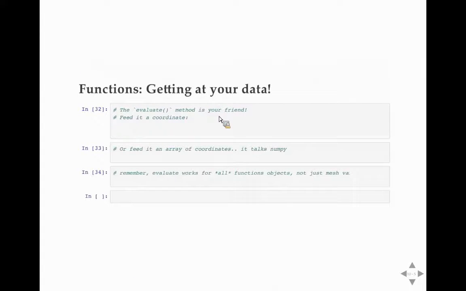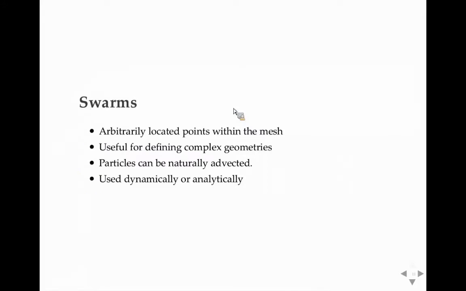Right, so the other thing you obviously are going to want to do a lot of the time is actually access your data. Now we've seen how we can do that directly via the NumPy arrays, but what happens when you want to actually access your data in an arbitrary location in the domain? Now we're going to use the evaluate method for that.